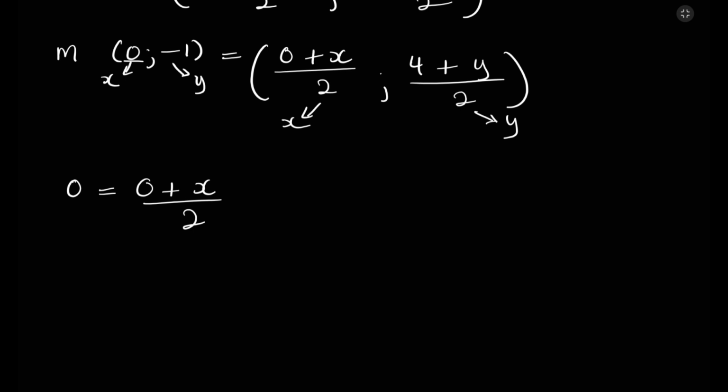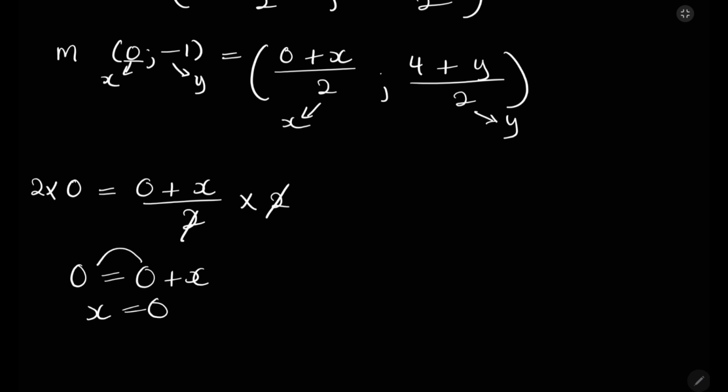If you don't know how to solve linear equations, you can check out the video that is featured on this channel. The link will be in the description. This cancels with that. You're left with 2 times 0, which is 0, is equal to 0 plus x. You take this 0 that side, you'll basically have x is equal to 0.